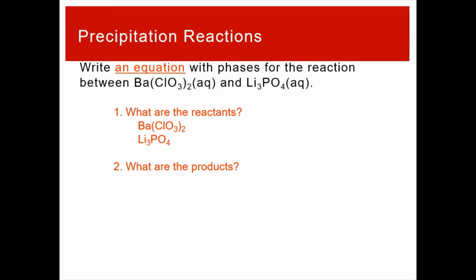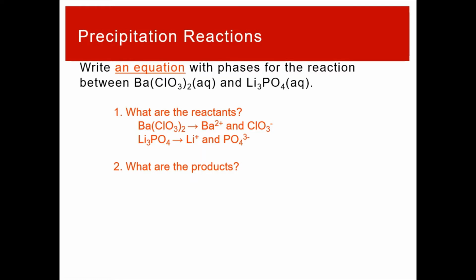So what I want to do here is recognize that these are ionic compounds. Barium and lithium are both metals. They're paired with polyatomic ions here. And so this is going to be a double displacement reaction. When I have a double displacement, that means I swap my ions.